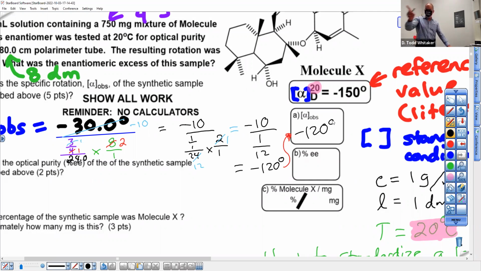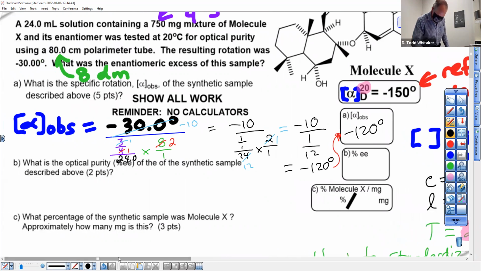Here's a new equation I didn't put on the notes earlier. You can figure out the percent enantiomeric excess very easily. Optical purity, percent enantiomeric excess is what that stands for. It's how much more of one isomer there is than the other.